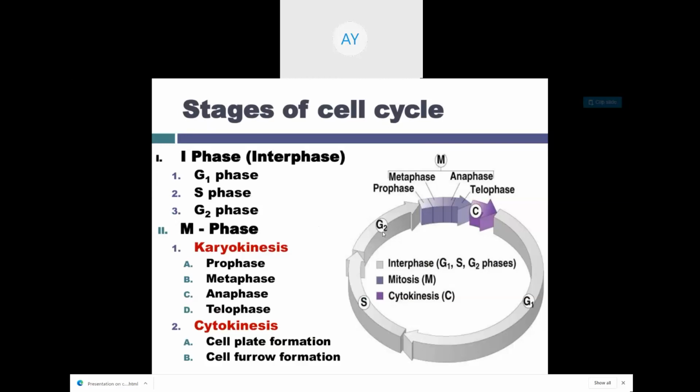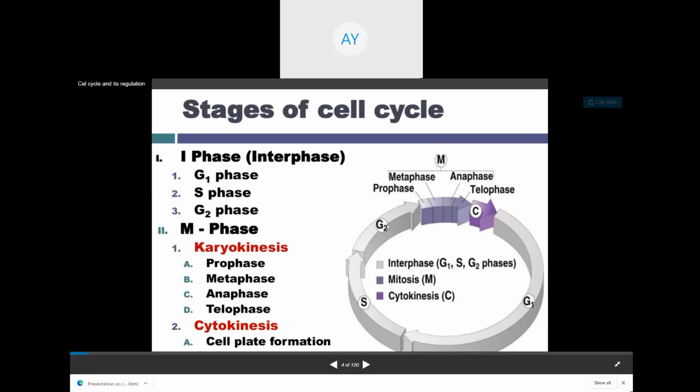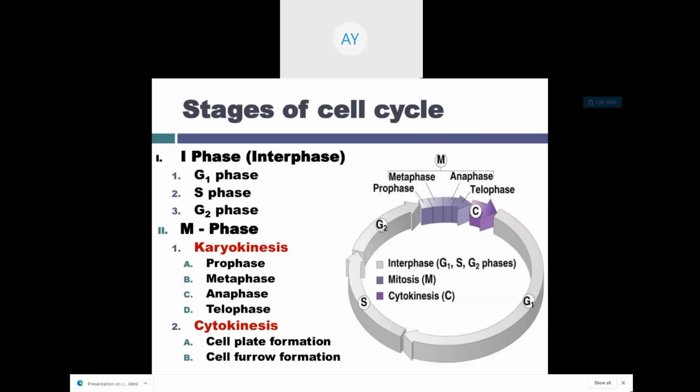After preparation of all these materials, the cell checks through a regulatory system, CDK1 and CDK2, whether a sufficient amount of material is there inside the cell or not. If there is a deficiency, then in the G2 phase all the material will be synthesized so that it is in sufficient amount.